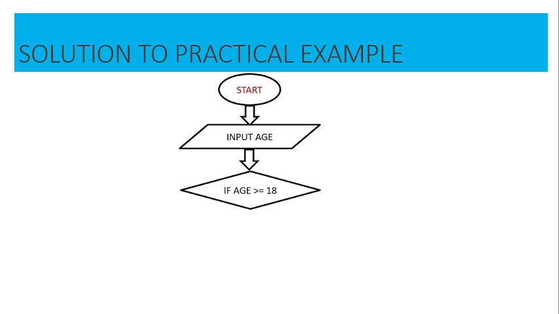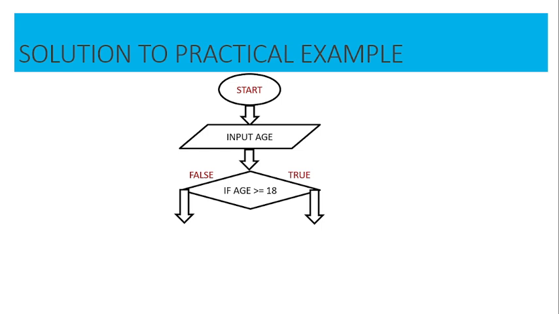If age is greater than or equal to 18, a decision has two paths, either yes or no, true or false. You see true and false. The condition is either true or false. You have two paths, the true path and the false path.